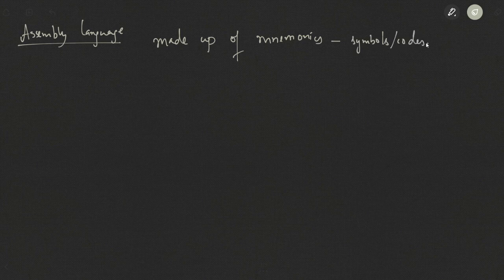So you can have alphanumeric digits that may be actually representing the language here. The mnemonics are first converted into the machine language, and for this we need translators. The translator that will be required here is known as an assembler.